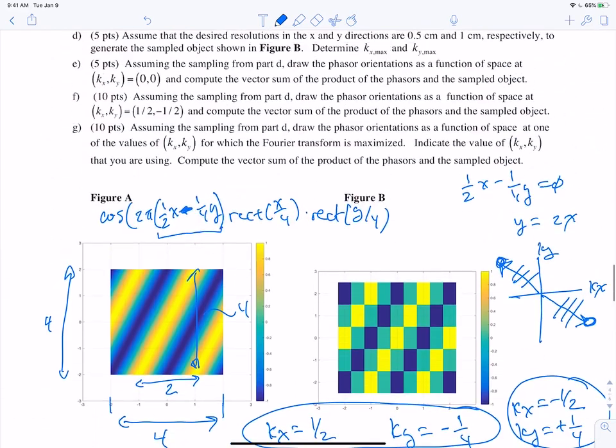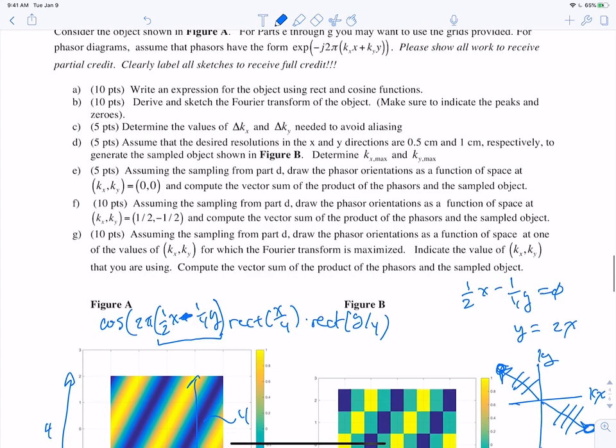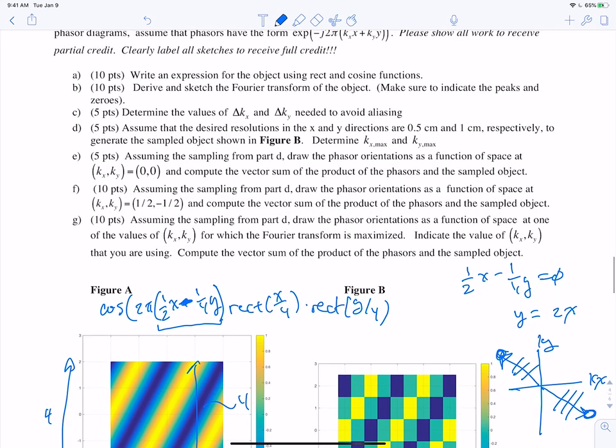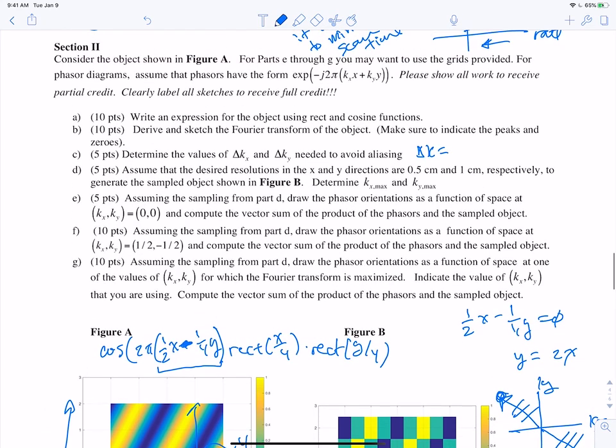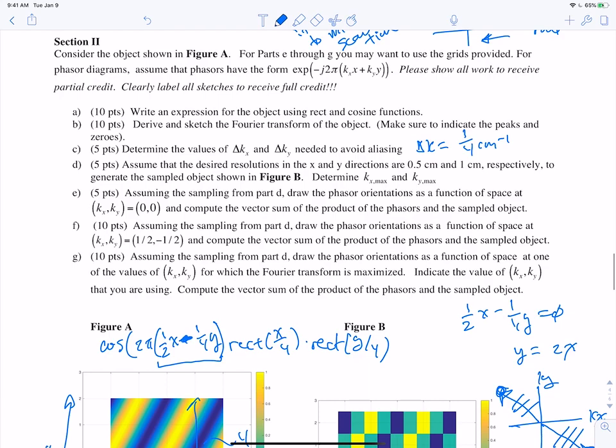Okay. All right. What are the values of delta kx and delta ky needed to avoid aliasing? That's fairly straightforward. So what are those delta k's equal to? Yeah, 1/4, right? The resolutions are 0.5 and 1.